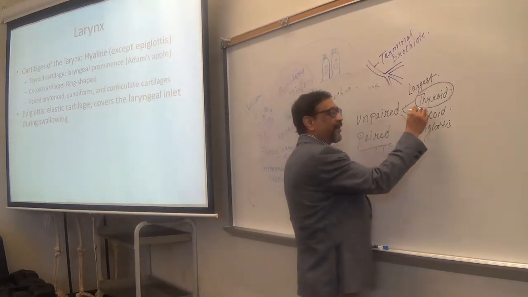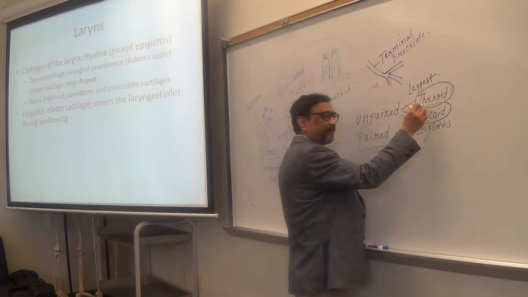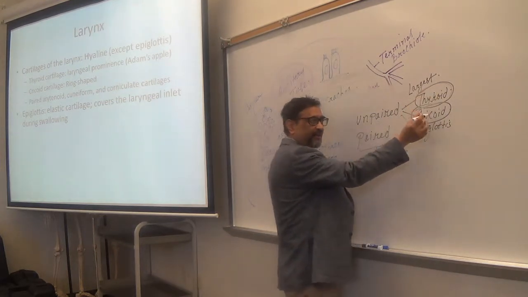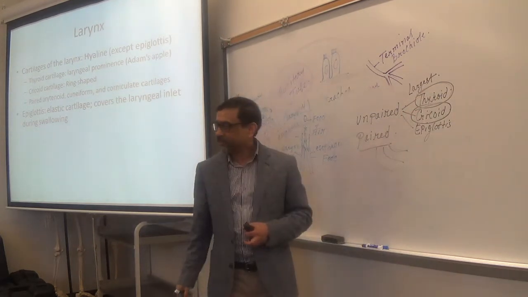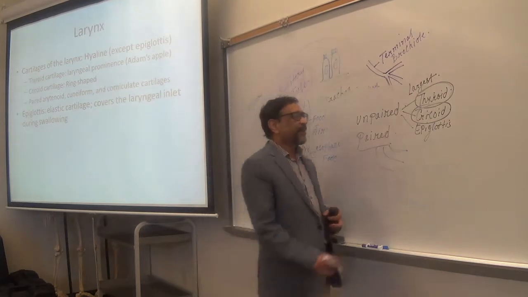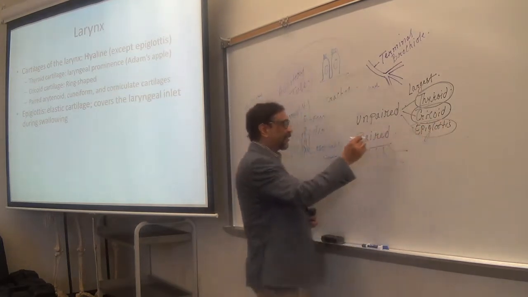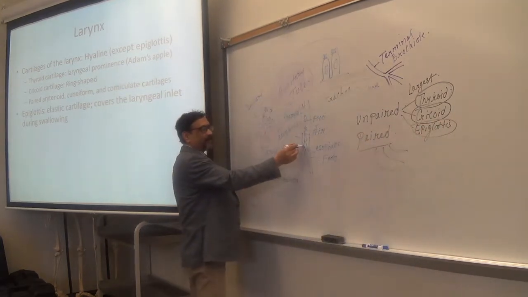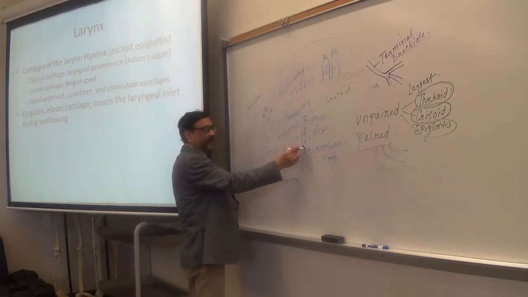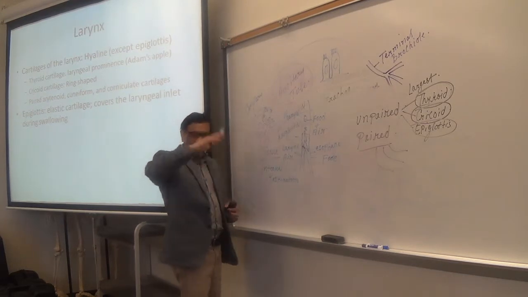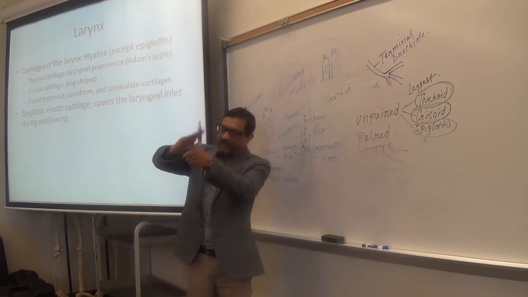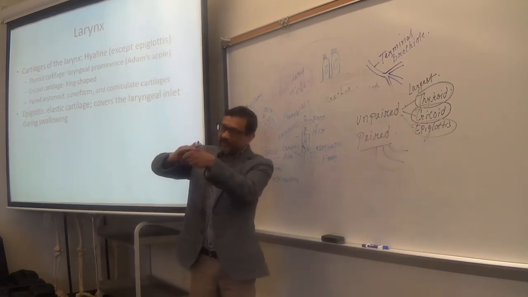Cricoid is second largest. Okay? Thyroid is the largest and this is the second largest. Epiglottis covers the laryngeal inlet during swallowing of the food, I mentioned, and moves up and down like this. This is the laryngeal inlet, moves up and down. Okay?